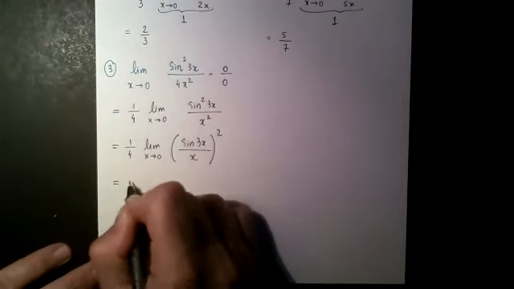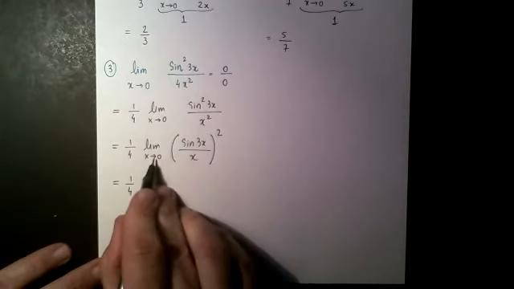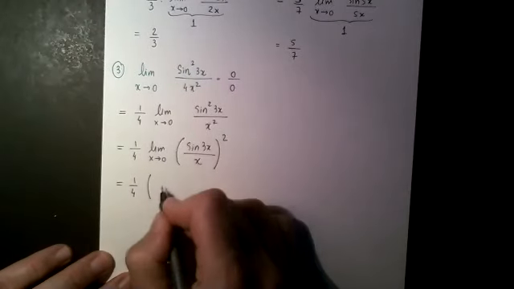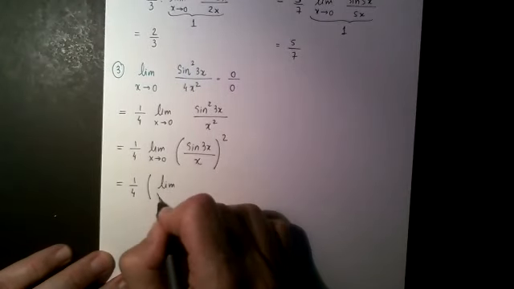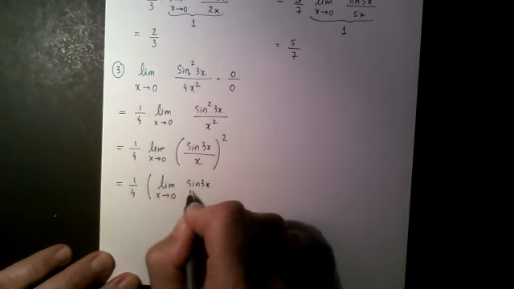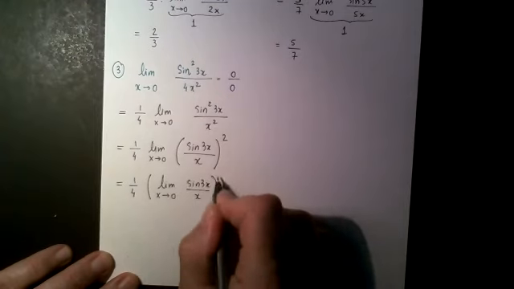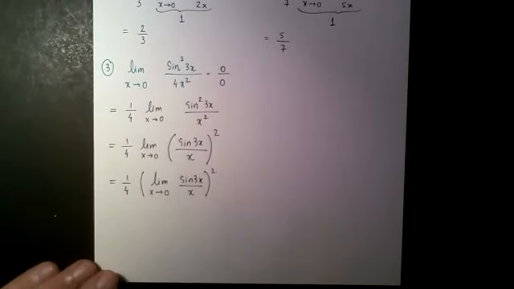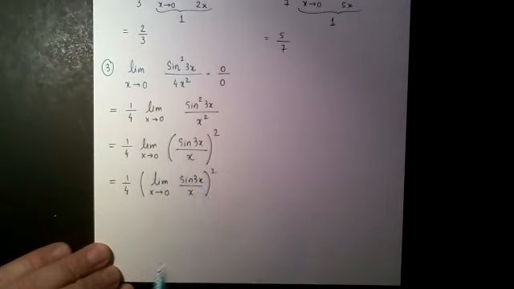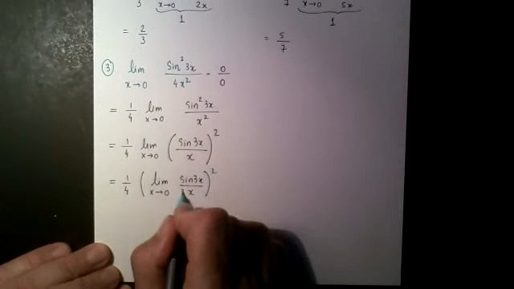And now I'm going to put the limit inside. The limit has a free pass to go anywhere it wants. Now once I'm inside the squared, I could treat it as a regular limit.